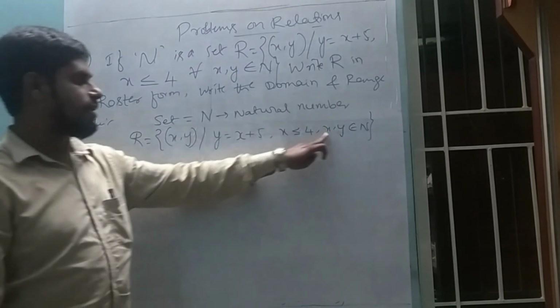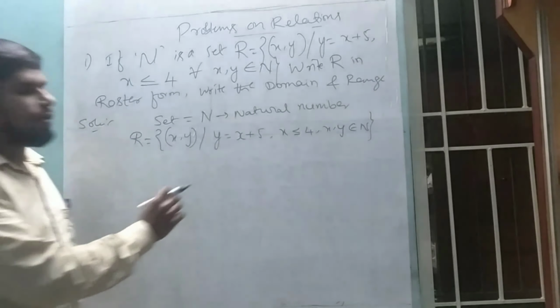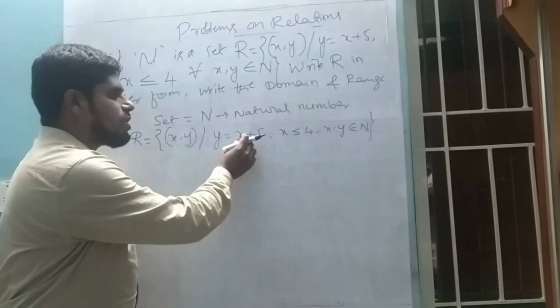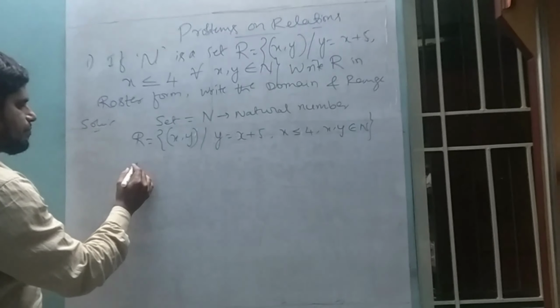These conditions are very, very important. So if I want to give values of x, I can start from 1 and end at 4. I cannot take more than 4 because the condition for x is that the maximum is 4.